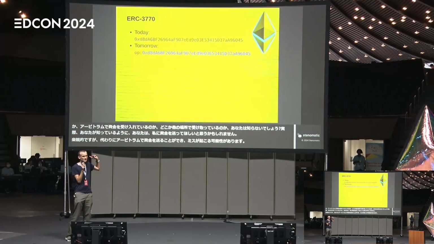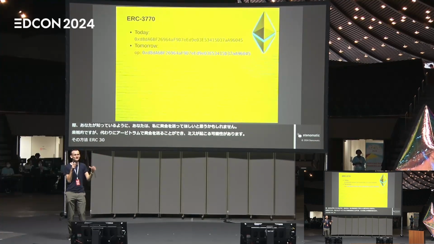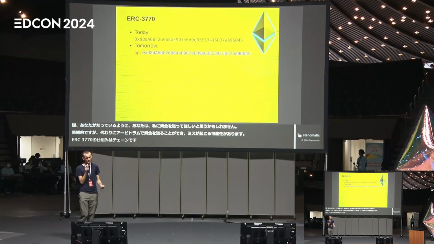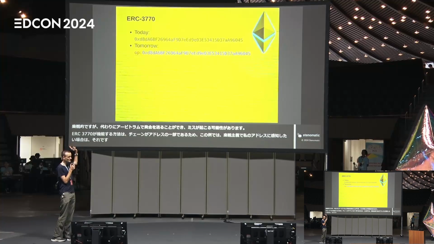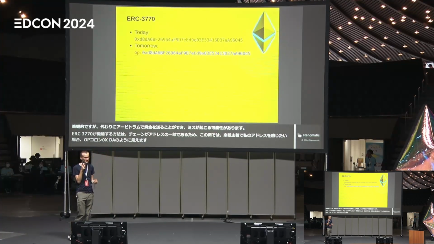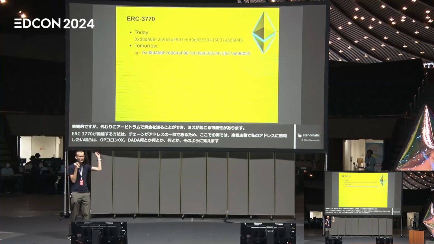The way that ERC3770 works is the chain is part of the address, right? So in the example here, if you want to send to my address on Optimism, it would look like OP colon 0xD8DA blah, blah, blah, right? So chain is part of the address, right?